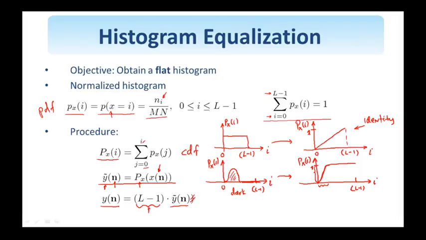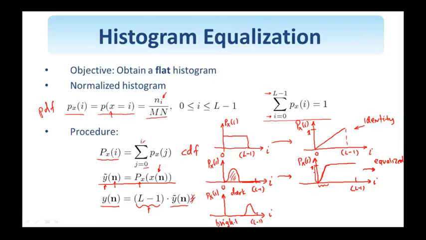So if I apply this transformation to the input image, then the resulting image is going to be obviously an equalized image and is going to be brighter than where I started. And finally, if I have an image that has a normalized histogram that looks like this, this is going to be a bright image.